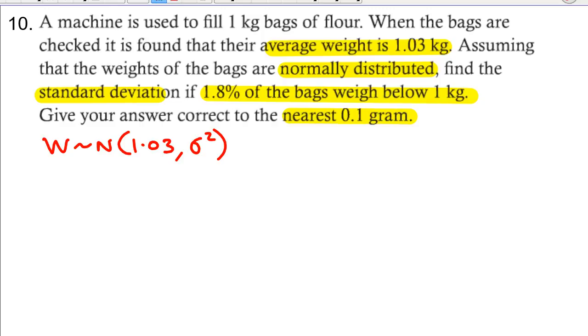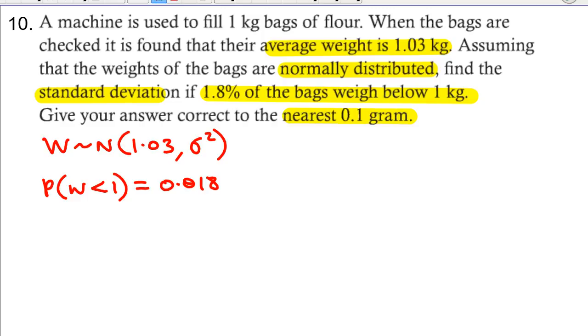So the first thing that we need to do is we are given this probability that W is below 1 kilogram. 1%. That's 0.01. Good.